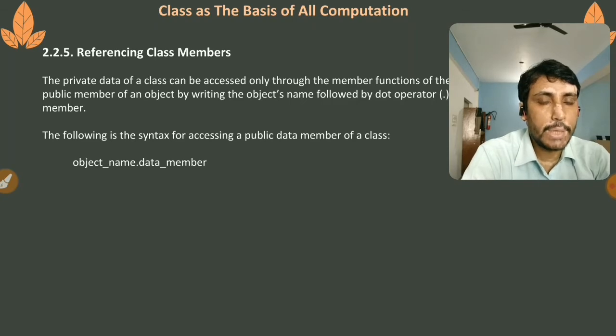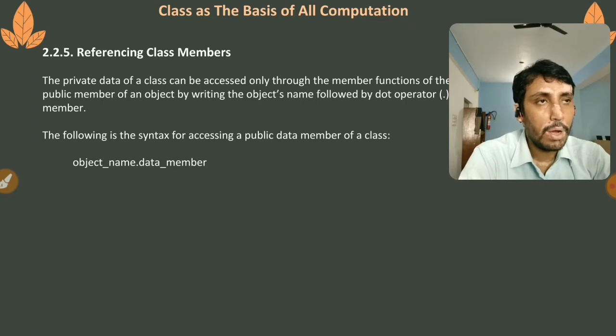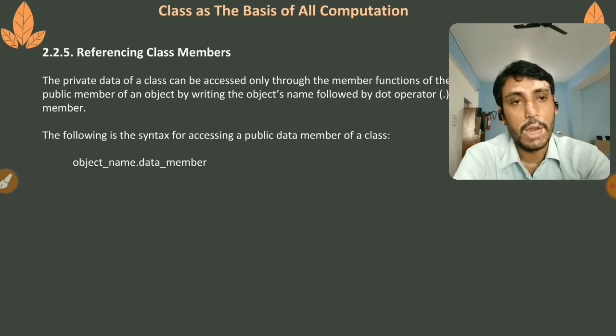So, the name of the object. Like in the previous example, you have seen that the class was ABC and the object was created as an object reference, and then dot A was given. So that means object name dot variable name.